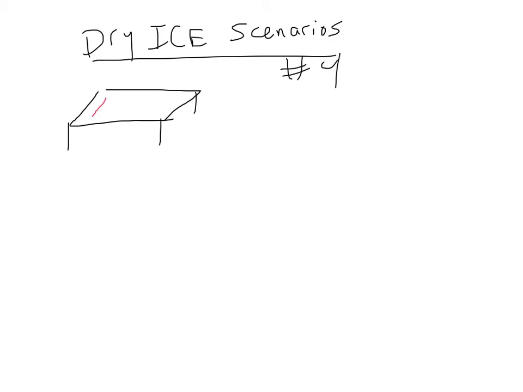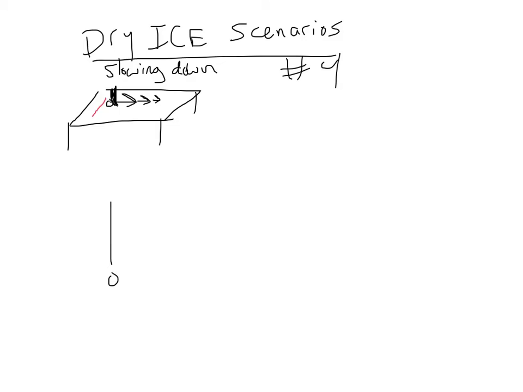So scenario 4, we had the dry ice that was moving actually to the right and was being slowed down because I had the force probe this time acting on the opposite side. So we had slowing down as it moves to the right.